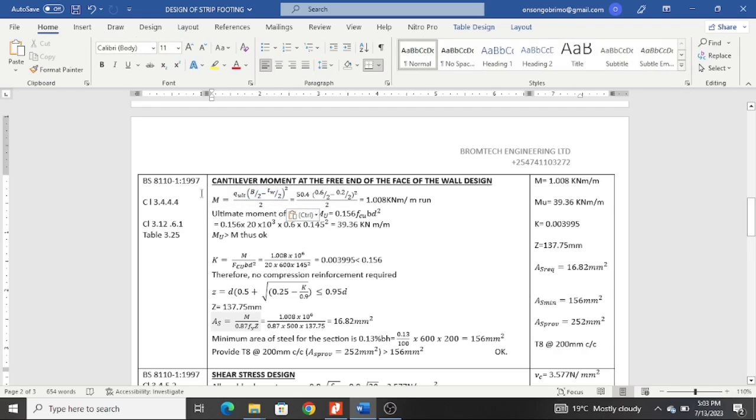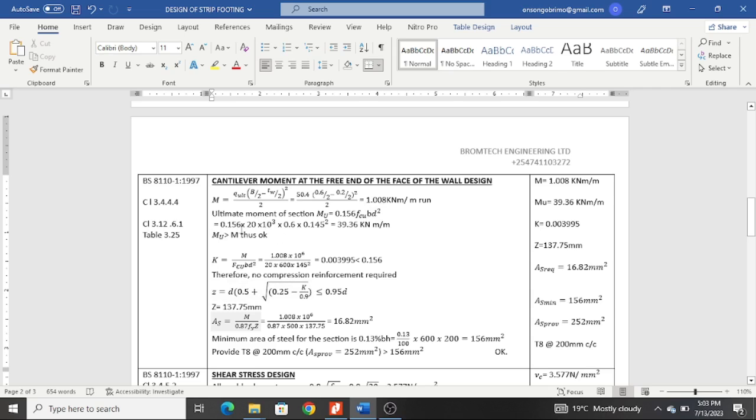So this is how you determine the moment. Once you do this, you are going to get 1.008 kilonewton meters per meter run of my strip. Then I also do the ultimate moment of the section, so that I'm able to find out what is the ultimate moment of the section that I'm working with. This is 0.15 FCU, FCU is the concrete class, then B and D squared.